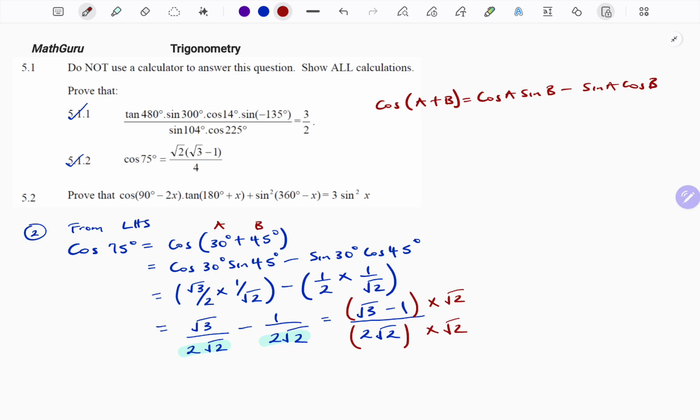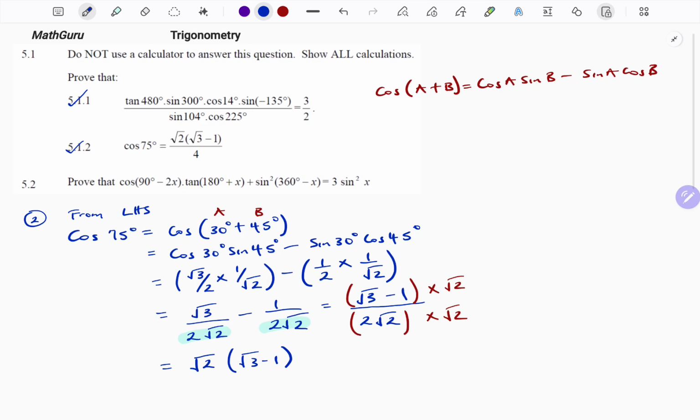So therefore, I'm going to have at the top root 2 multiplying root 3 minus 1 for my numerator, and then my denominator. I have 2 root 2 times root 2, that's 2 times 2, and that is 4. And note that this is equal to my right hand side. So I've been able to prove that cos 75 will give me root 2 multiplying root 3 minus 1, all divided by 4. I'm correcting that. The denominator is 4.